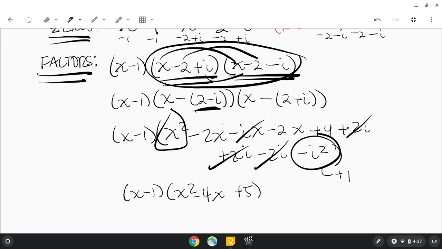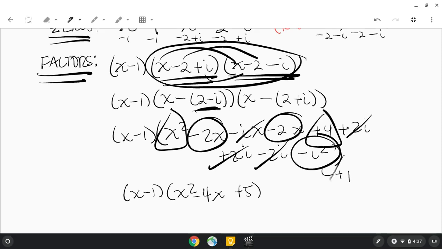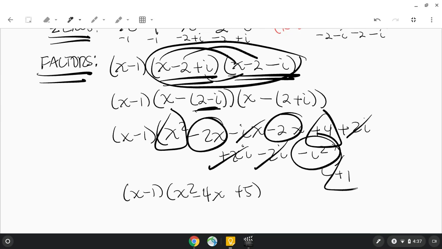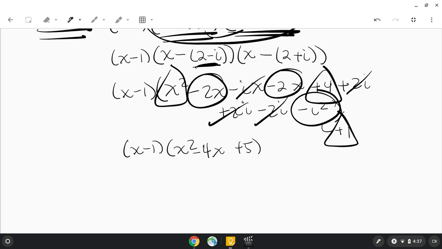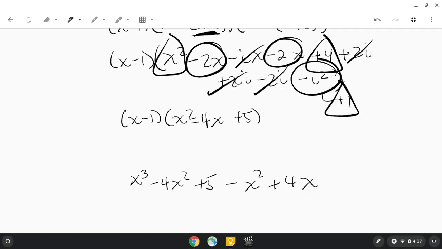And then I combine my constants, positive 4 and positive 1. So let's finish multiplying this out so that we get the final polynomial. So we get x cubed minus 4x squared plus 5x minus x squared plus 4x minus 5.